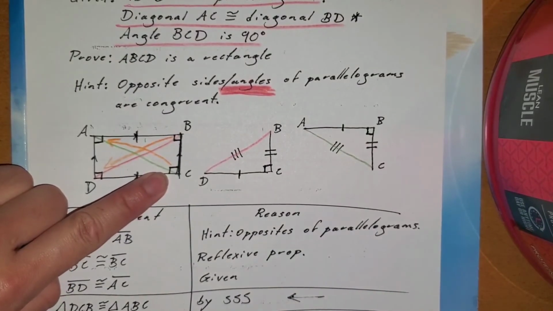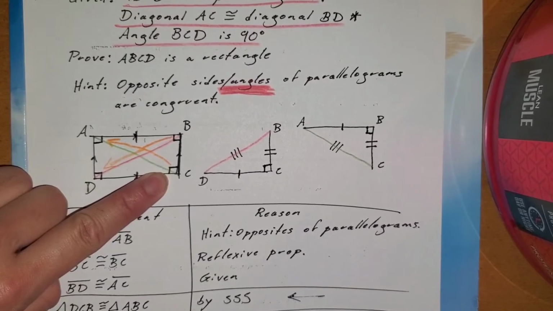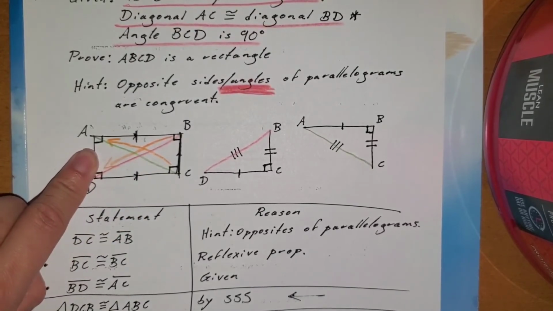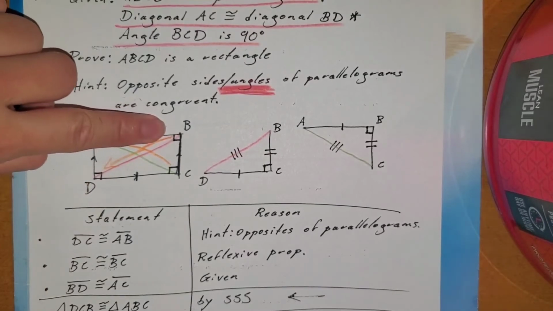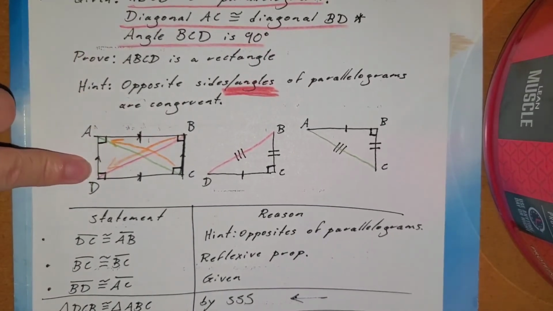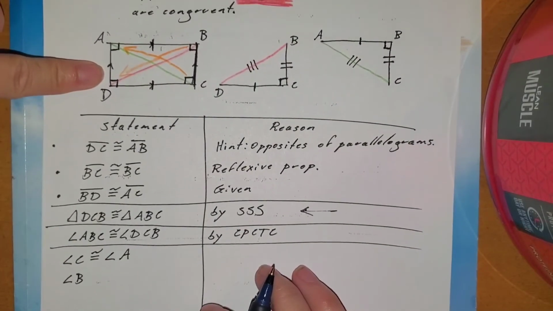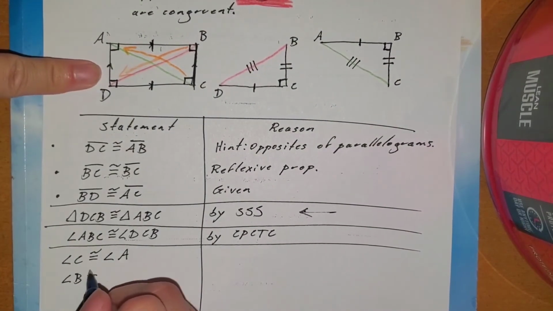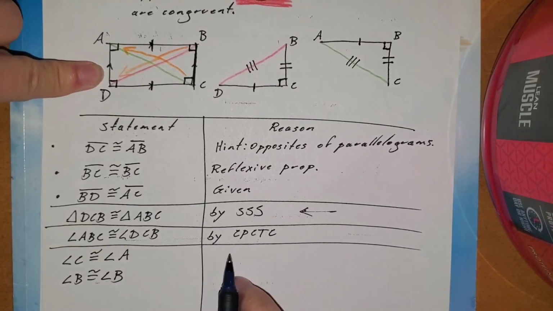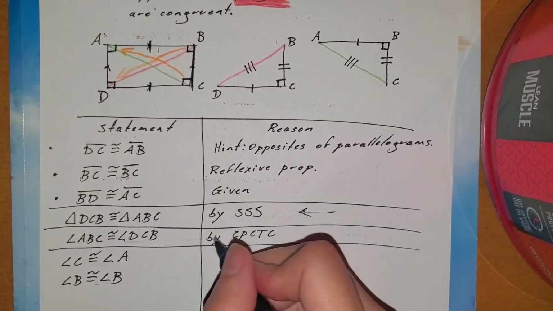So I can pretty much wrap this up by stating that angle C is congruent to angle A, and angle B is congruent to angle D, and that is true by the hint.